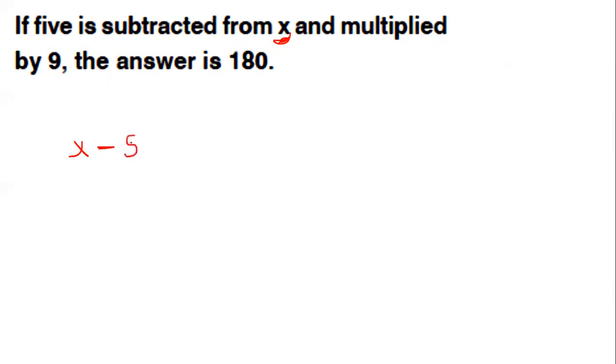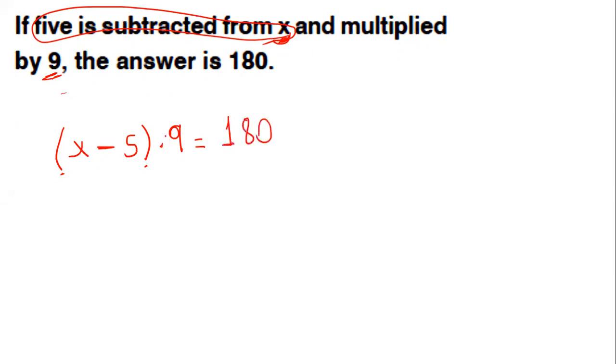Then you will take this result, that's why open bracket, multiplied by 9. Don't confuse, please. You will need to put the bracket, otherwise it's going to be wrong, because you're taking the result of this one and multiplying by 9. And the answer is going to be 180.